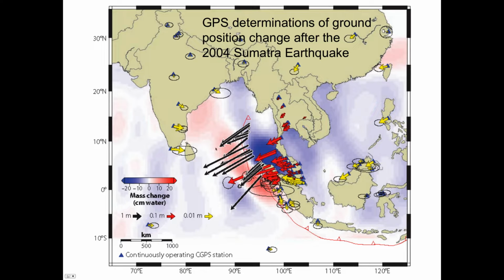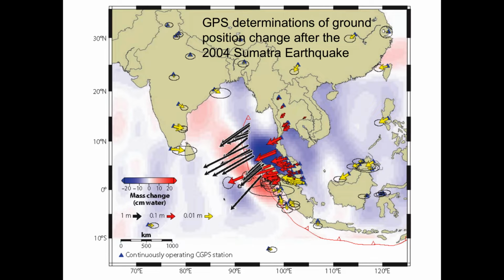You can see these large oceanward slip measurements that are several meters or many meters of displacement. And then as you get further away, there's smaller amounts of displacement. There's a great GPS data set for this event as well.